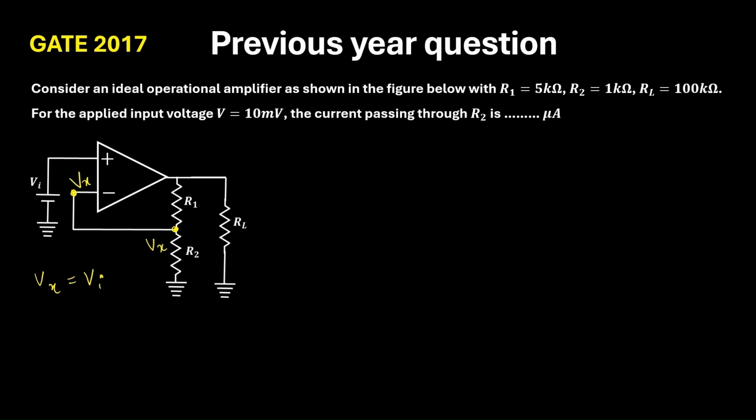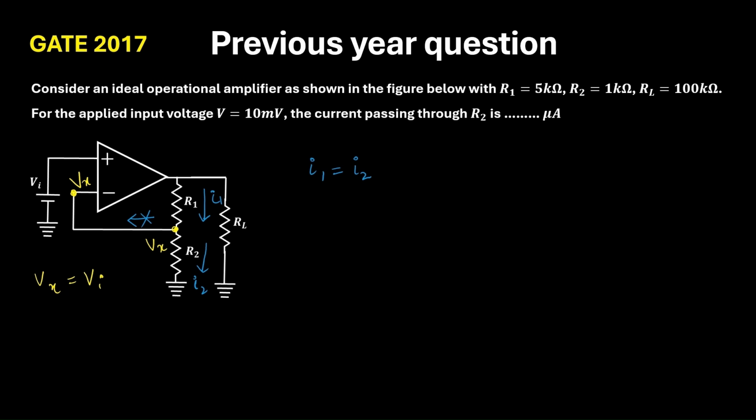It will be Vx. Now, the second concept is no current will be flowing in this branch because the input impedance of the op-amp is very high. So whatever current flows through R1, the same current also flows through R2. Suppose I call this one I1 and this one I2, so I1 is equal to I2.